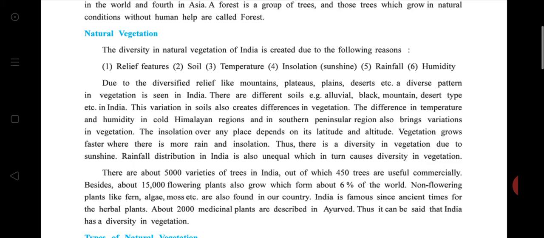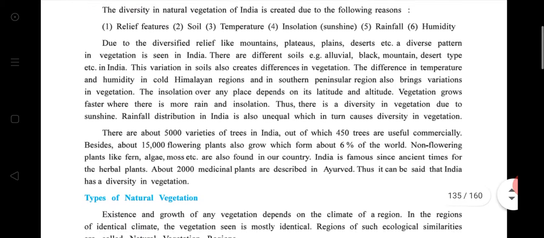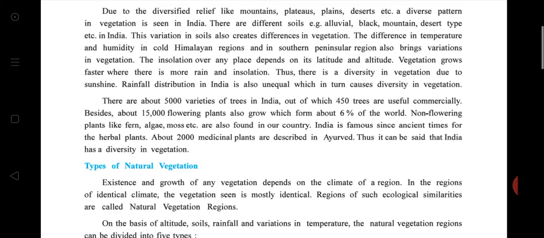Diverse patterns in vegetation, then differences in soil like alluvial, black, mountain, desert, etc. Then differences in temperature and humidity in the cold Himalaya region and southern peninsula region also bring variation. Then there are 5,000 varieties of trees in India, but 450 are useful commercially, and 15,000 flowering plants also grow, which is 6% of the world.